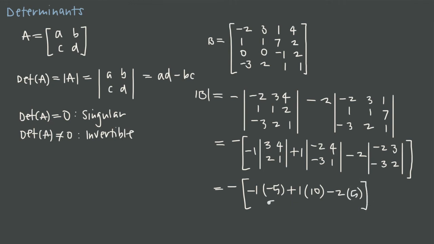So here we get positive 5, plus 10, minus 10. Our plus 10 and minus 10 cancel. We're just left with 5, but we have this negative sign out in front. So this whole first determinant is going to simplify down to negative 5.